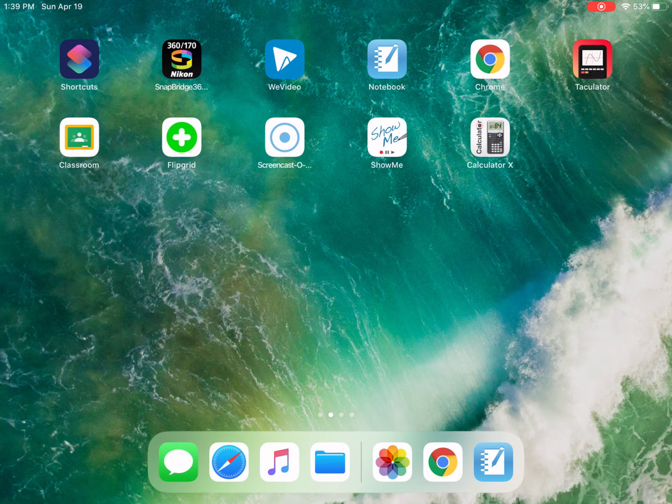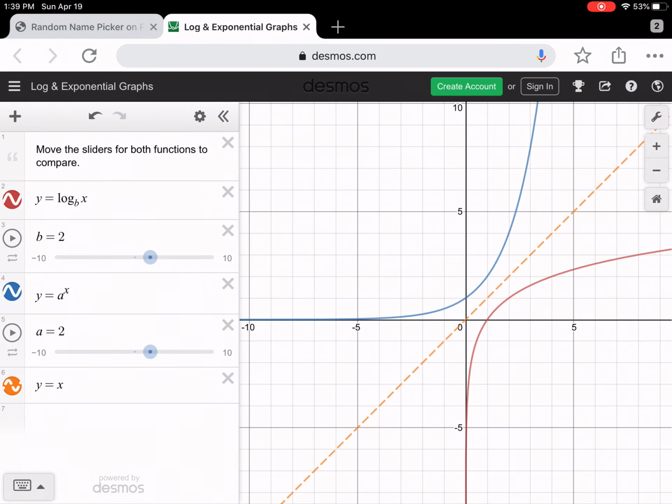Now, other things I want you to recognize, or that we're going to let you explore, is the manipulation piece on how you can shift, move, rotate, flip, all that stuff with our log function. We've already done transformations of functions, and the same kind of properties hold with logs, but you're going to be able to see what happens with all those pieces.